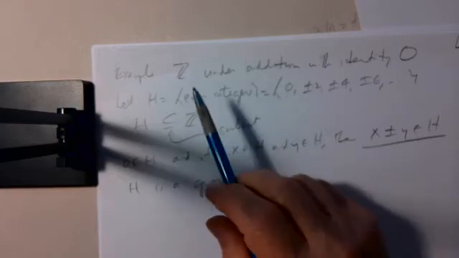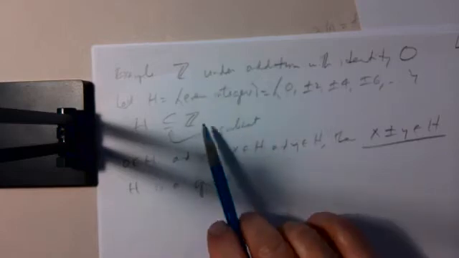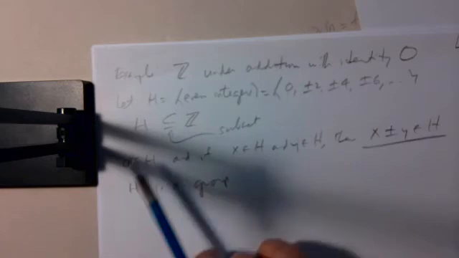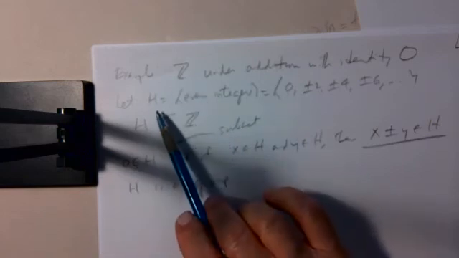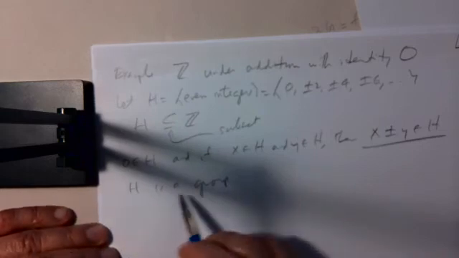So we have the set Z of integers. We have the set H of even integers. Z is a group and H is a group. And this is an example of what is called a subgroup.